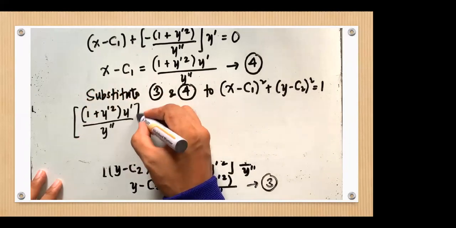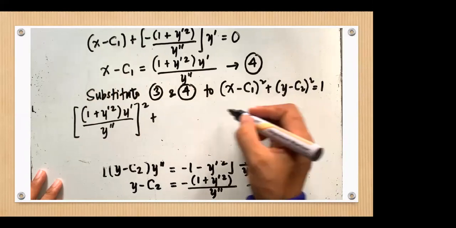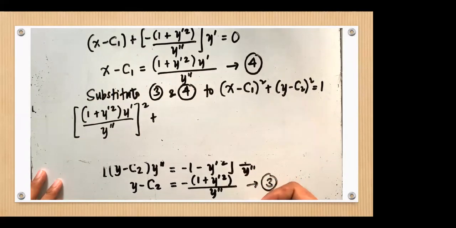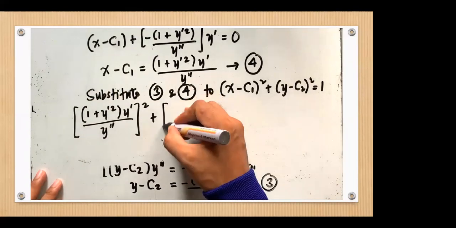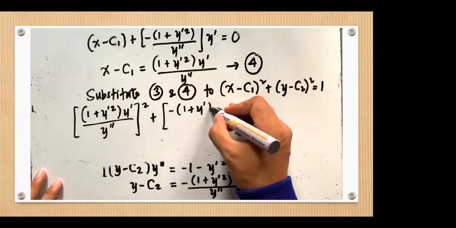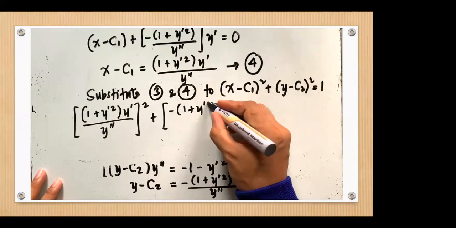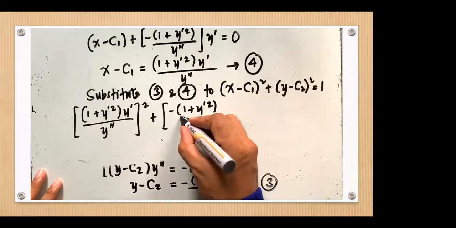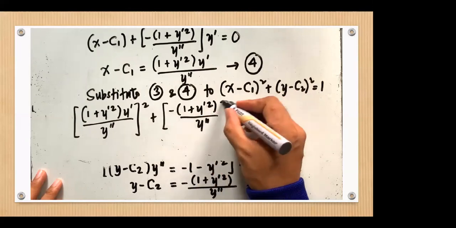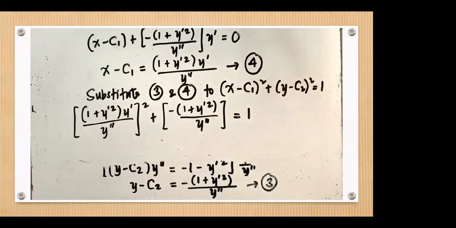So this term has a power of 2 plus y minus c sub 2 is equal to what? And close that into a bracket. So minus times the quantity 1 plus y prime squared, okay, all over y double prime raised to 2 equal to 1.